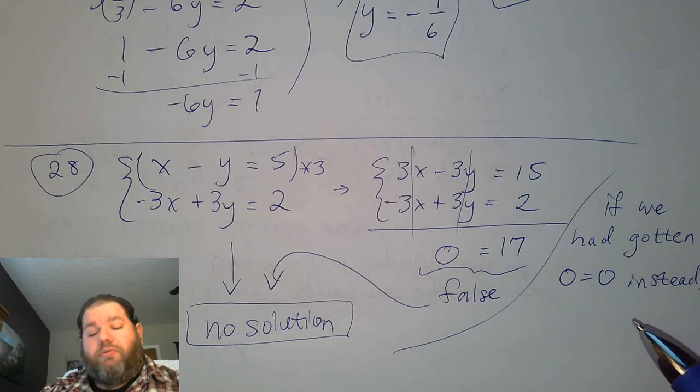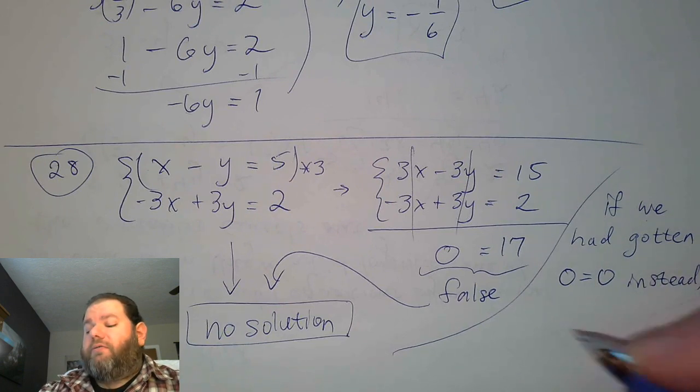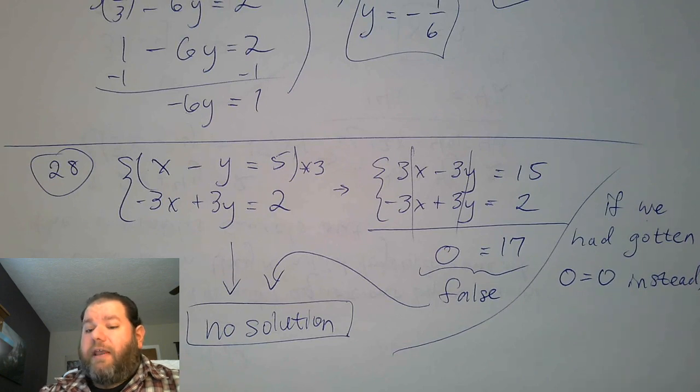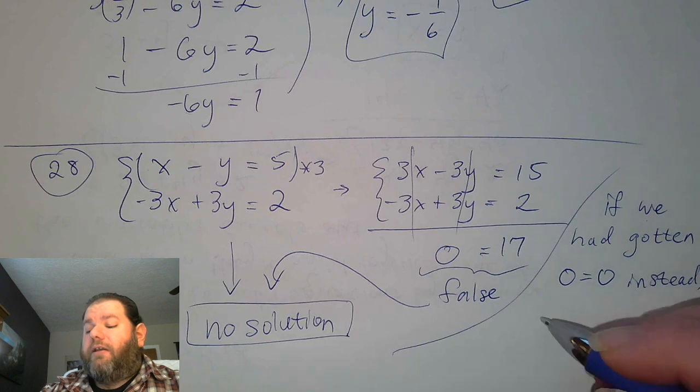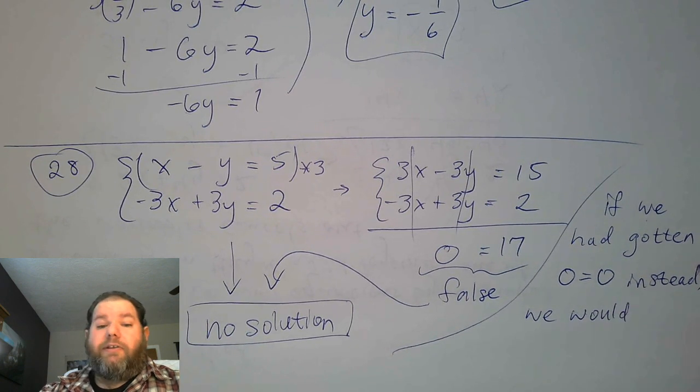But really, what it tells us is that x and y can be whatever they want because everything's going to cancel out anyway. So in this example, if we'd end up with 0 equals 0 instead, we would say the problem has infinite solutions.